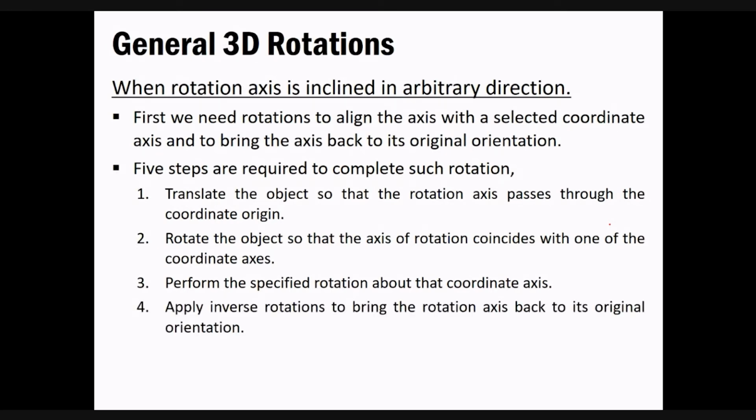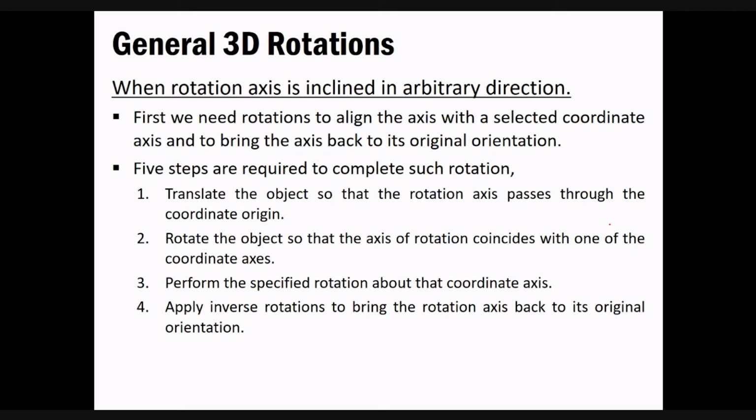And then, all of the operations that you have performed, you have to put back to the original position. To do so, you need to apply inverse rotation to bring the rotation axis back to its original orientation.